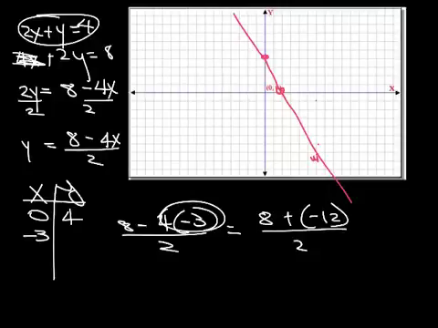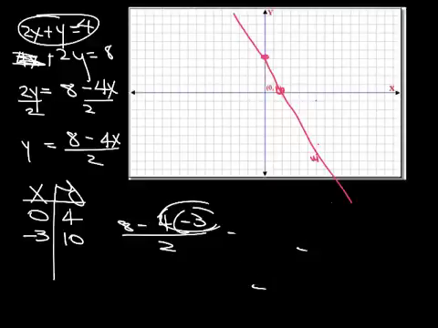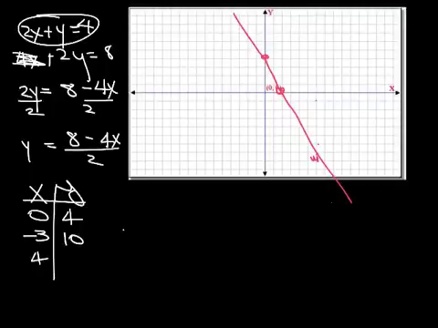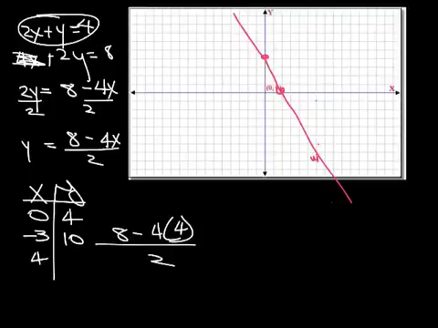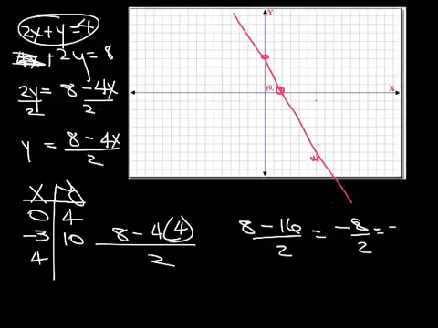So 8 plus 12 is going to be 20 divided by 2 equals 10. Ooh, that's kind of a big number. Alright, so let's pick one more here. Let's pick 4. So we have 8 minus 4 times 4 over 2. So we have 8 minus 16 over 2, or negative 8 over 2, or negative 4.